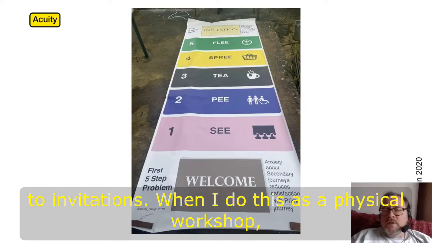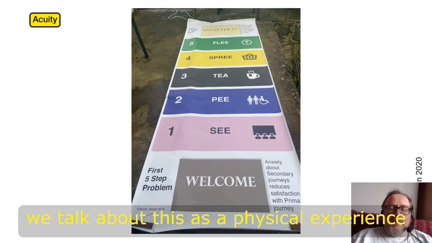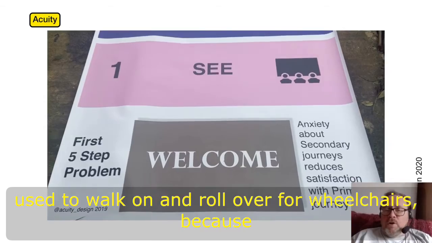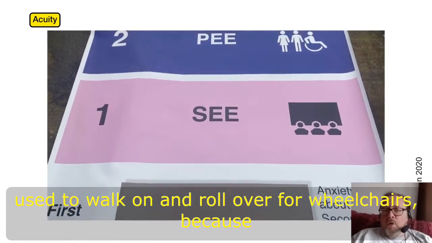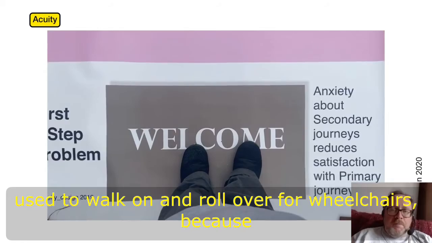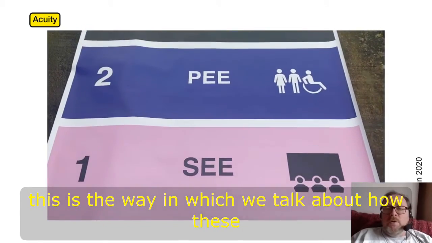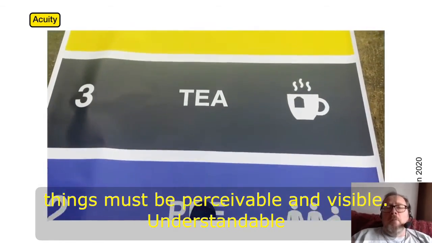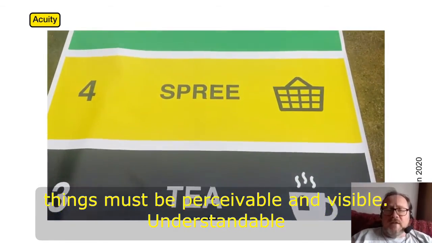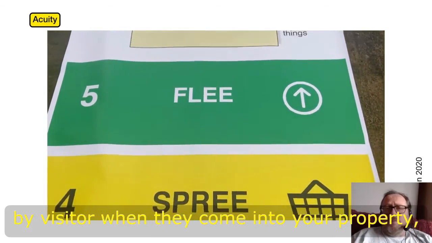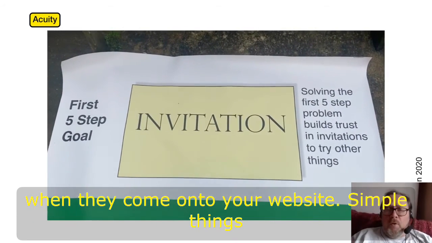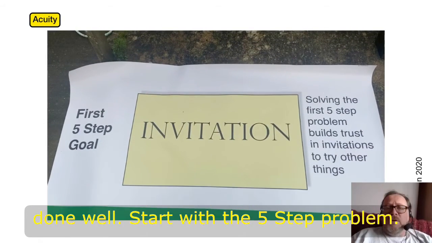When I do this as a physical workshop, when we talk about this as a physical experience, I use a large banner, and this is actually a banner which we use to walk on or to roll over in wheelchairs, because this is the way in which we talk about how these things must be perceivable, visible, understandable by a visitor when they come into your property, when they come onto your website. Simple things done well.